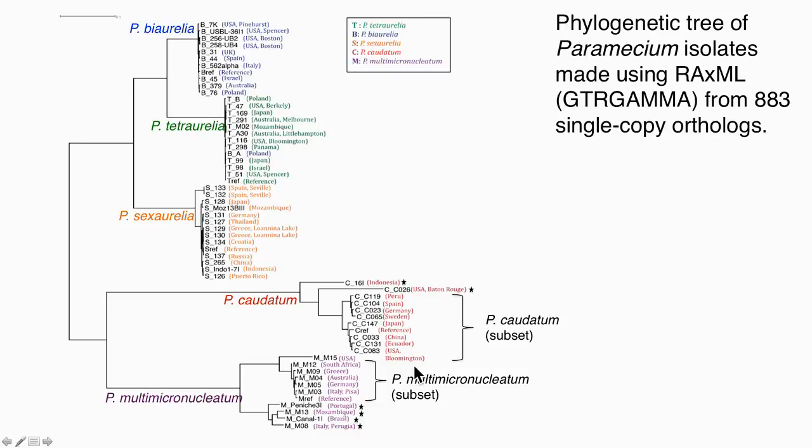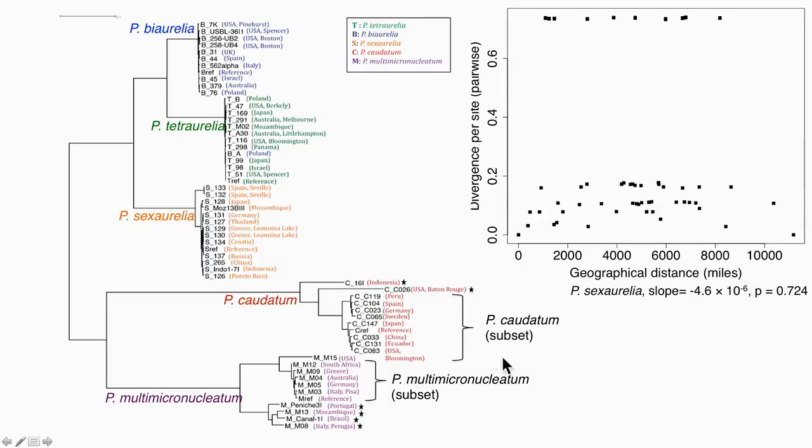So interestingly, in all the 5 species, we found a lack of global population structure. Here is a plot of the geographical distance versus the pairwise divergence of isolates in P. sexaurelia, and we see no correlation. Similarly, we see the same thing for all the 5 species, and these were also confirmed by PCA plots.